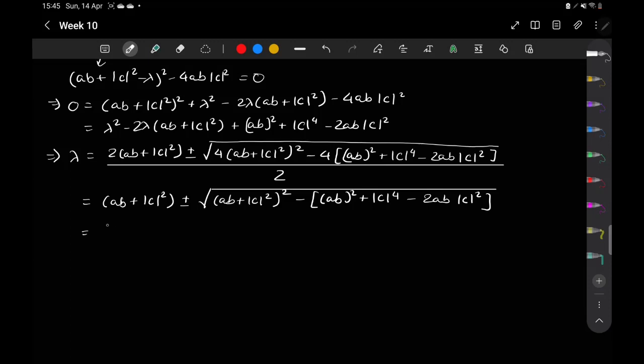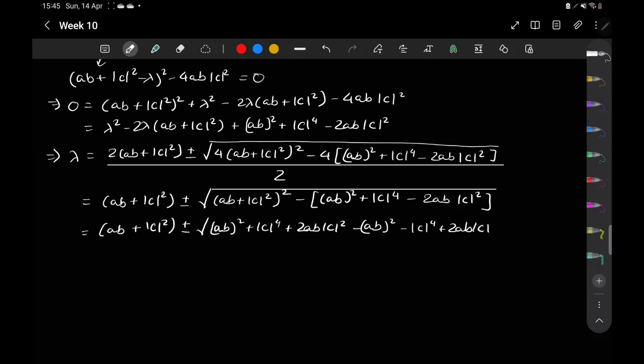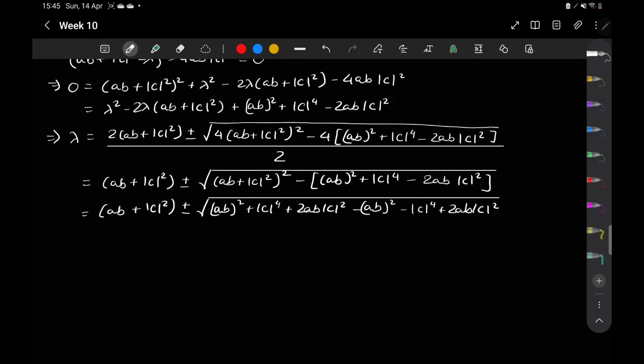Now let us open up the brackets. So certain terms cancel out.